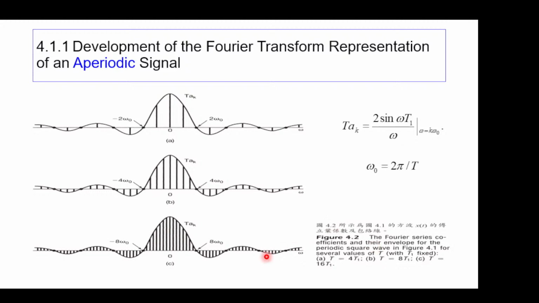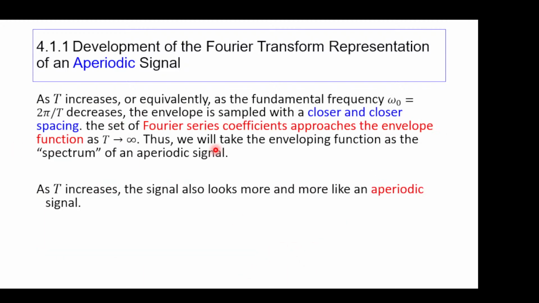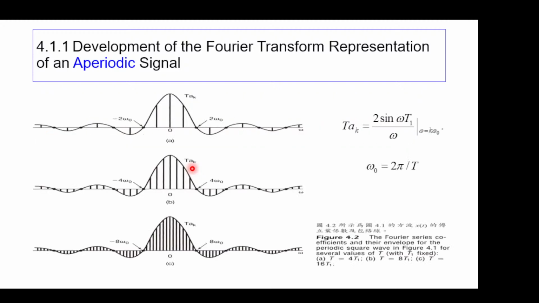That's basically what we'll do. So this enveloping function will become the spectrum of your signal, and basically the enveloping function will become this big X of j omega. It will keep a record of all the frequency components of your signal.